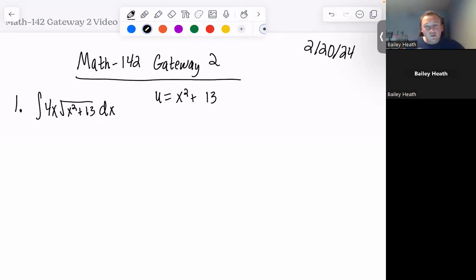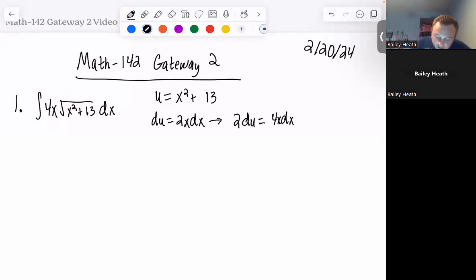If I make my u this x squared plus 13, this stuff under the radical, then my du becomes 2x dx, which is great because notice that what I have sitting outside of the radical is this 4x. So if I multiply both sides of this by 2, this tells me that 2 du is equal to 4x dx.